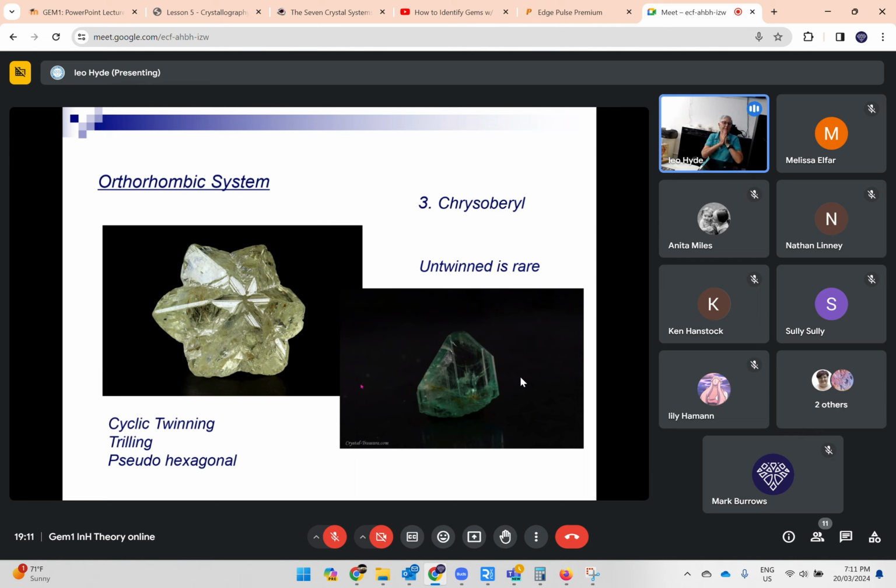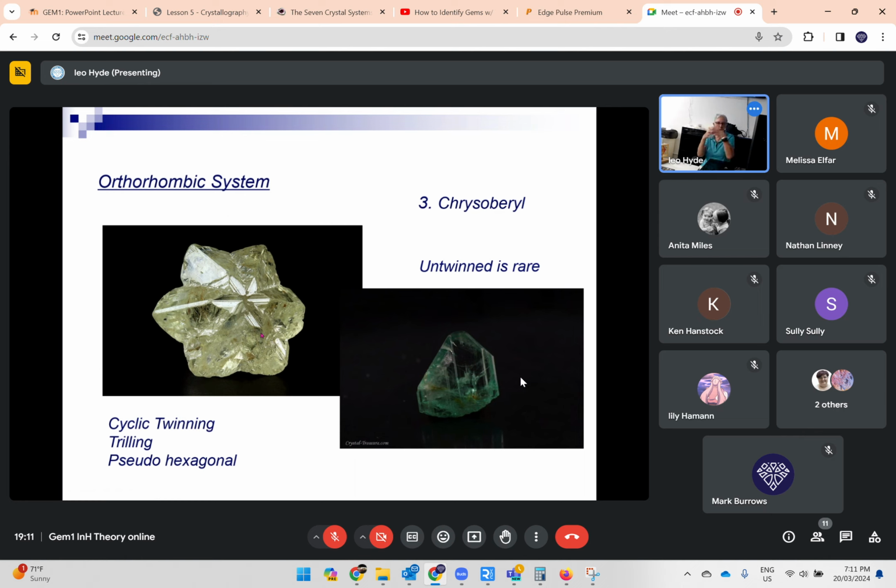So the other one that you might come across, which is out of left field, is this one here. Normally, if it's like that, you might see it. And again, it's orthorhombic, and you won't probably see it like that, but it's got a dominant side bit there. But chrysoberyl wants heat and pressure makes it do what we call twinning. So it starts to intergrow.